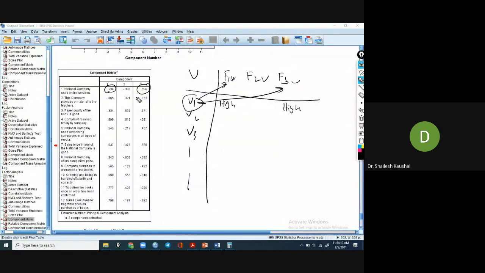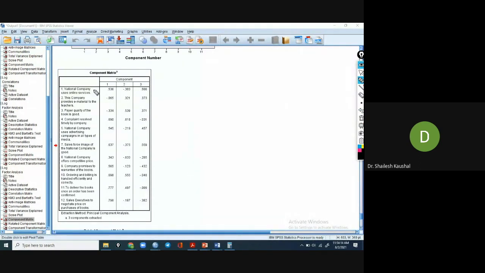So when one variable gives a high value under 2 factors or more than 2 factors, it's a problem of cross loading.